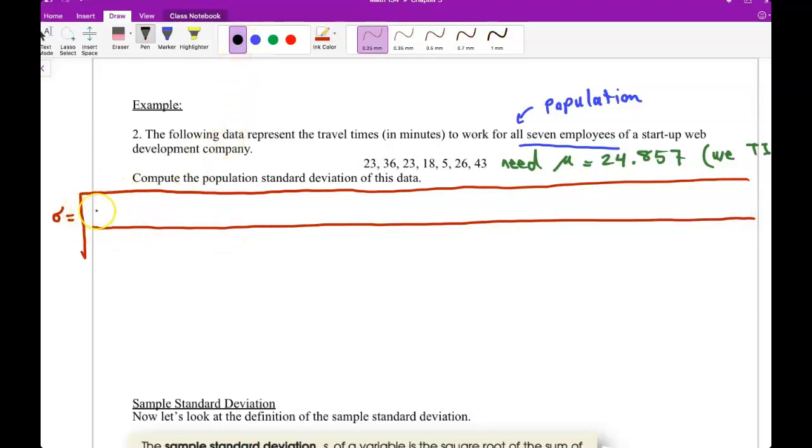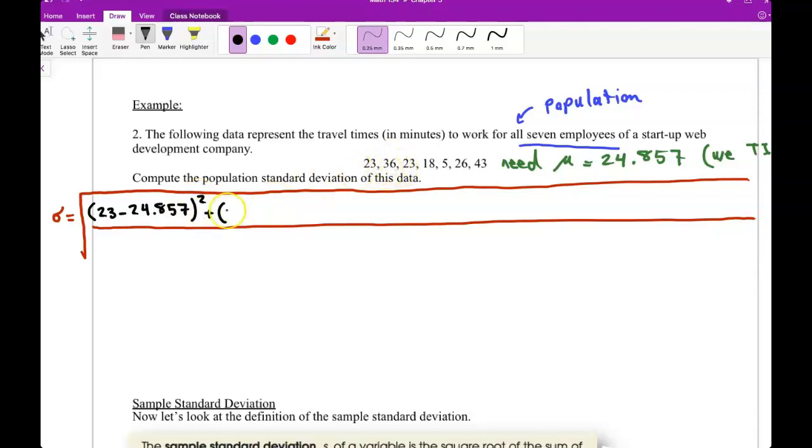So that is equal to, here we have x1. x1 is 23 minus mean 24.857, squared. Then we have plus.